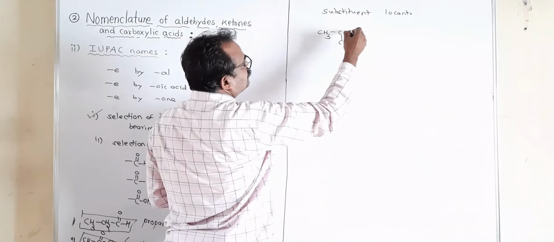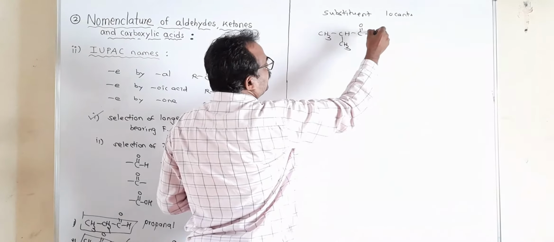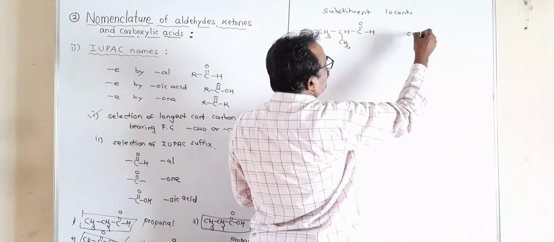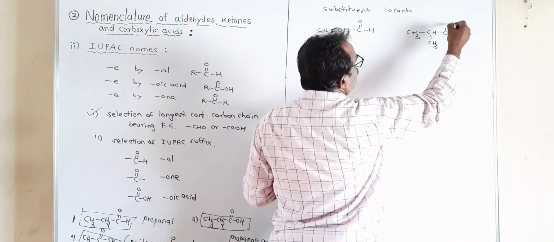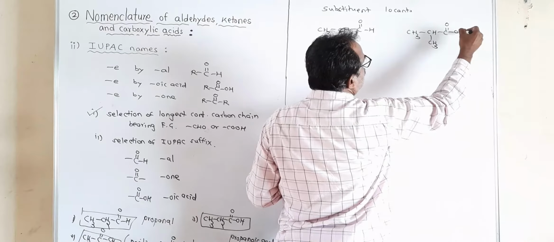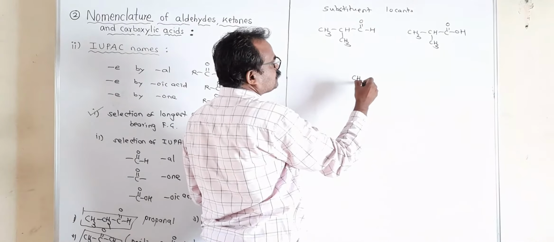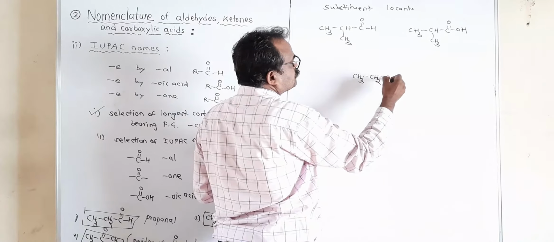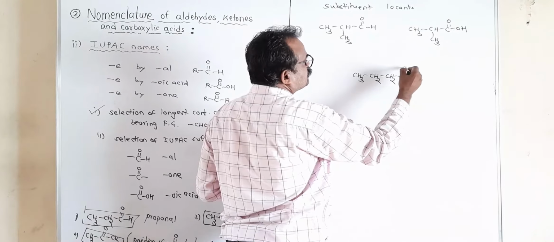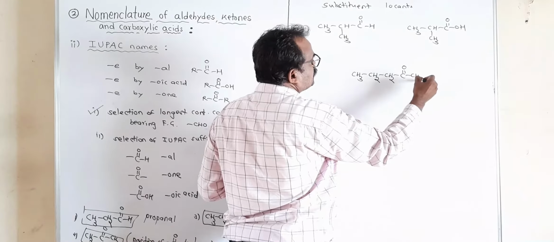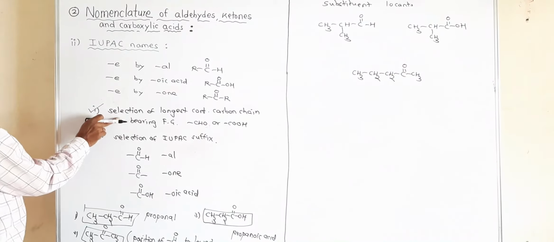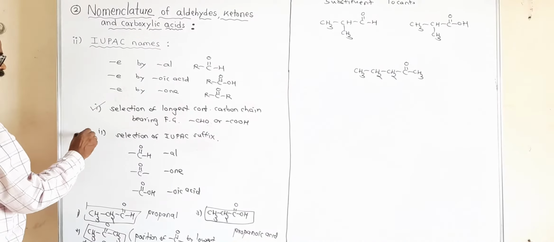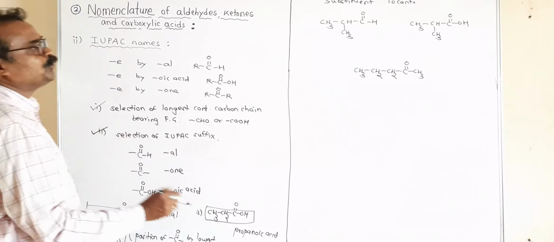For example, consider this aldehyde, acid and ketone. So first, according to the rule, selection of the longest continuous carbon chain, and second is selection of the IUPAC suffix.